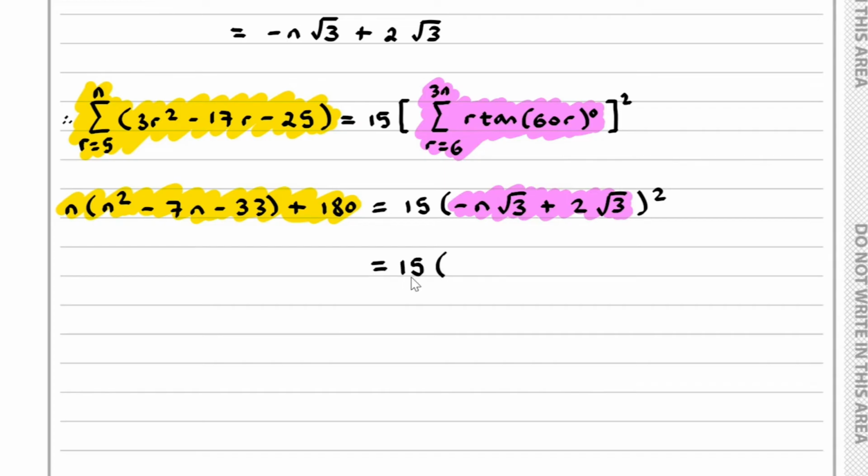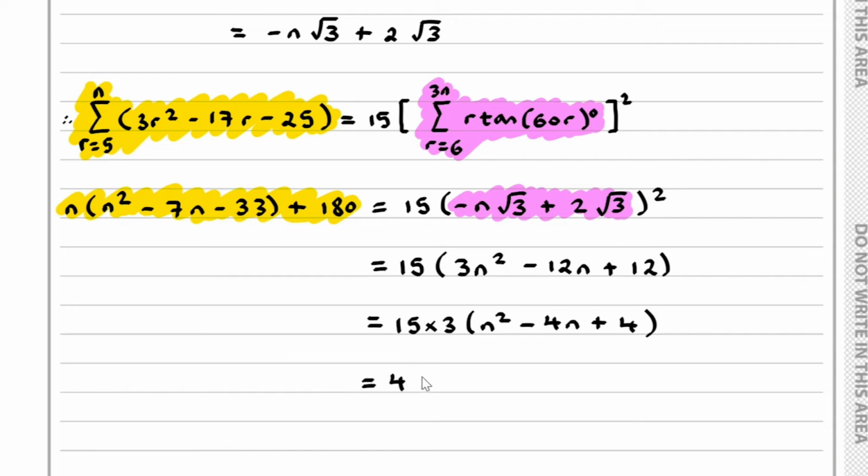we have 15 times, well, if I expand all this out, I end up with 3n squared minus 12n plus 12. And if I factorize out a 3, I have 15 times 3 multiplied by n squared minus 4n plus 4. So I have 45 times n squared minus 4n plus 4.